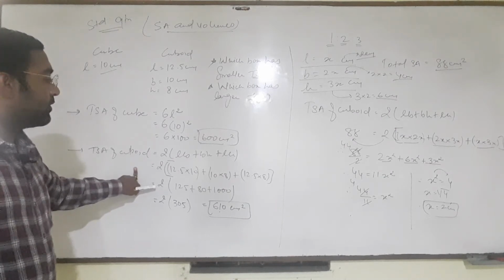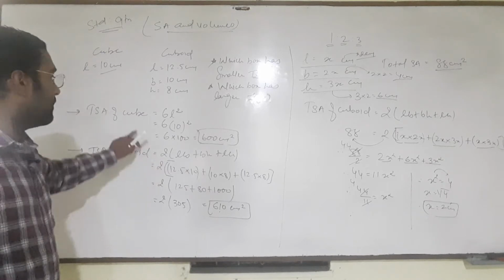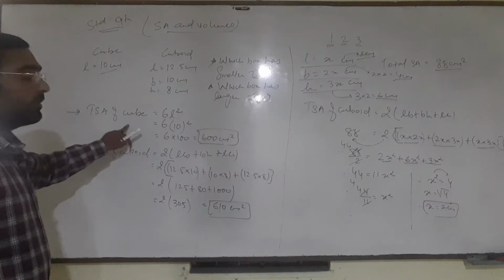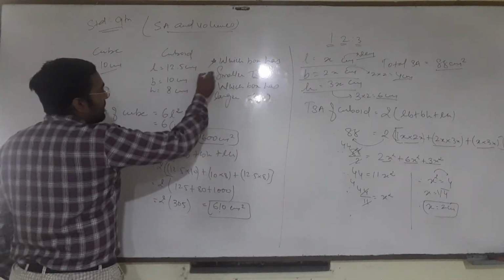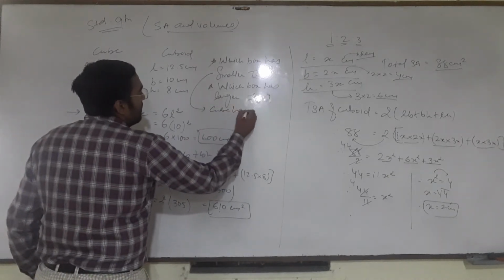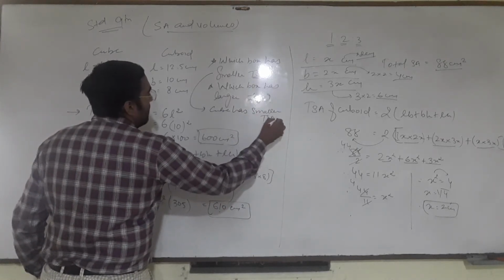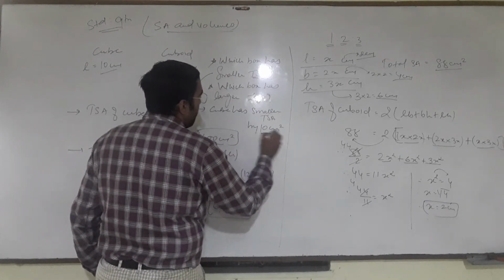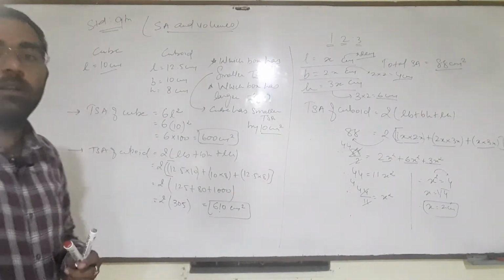So there is a difference of 10 centimeter square between the cube and cuboid. So my answer for the first one is the cube has a smaller total surface area, by 10 centimeter square. Okay. So one of them is done here.